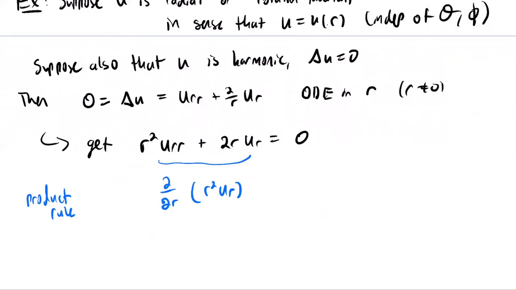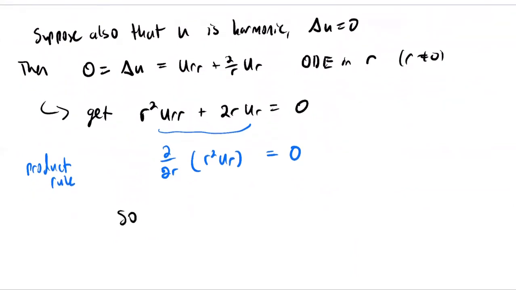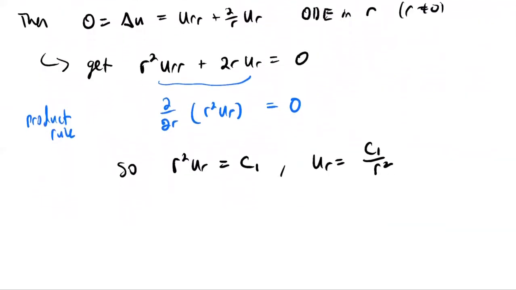Right. And so this tells us then, well, if this quantity in parentheses has derivative equal to 0, then the quantity in parentheses has to be a constant, right? So this tells you that R squared UR is equal to some constant C1. And so UR is given by C1 over R squared, right?